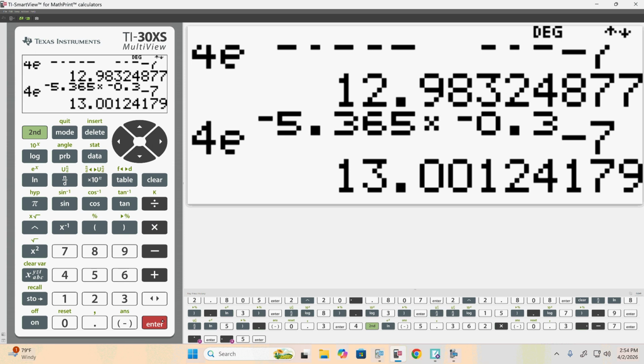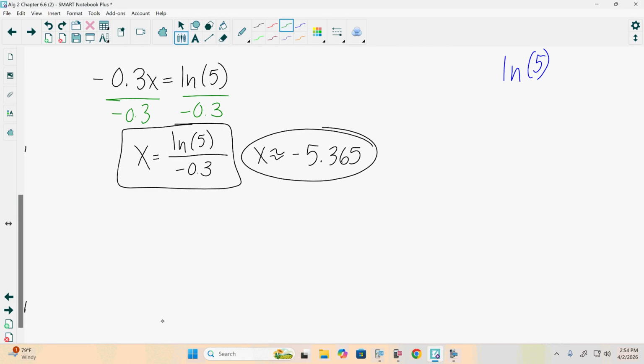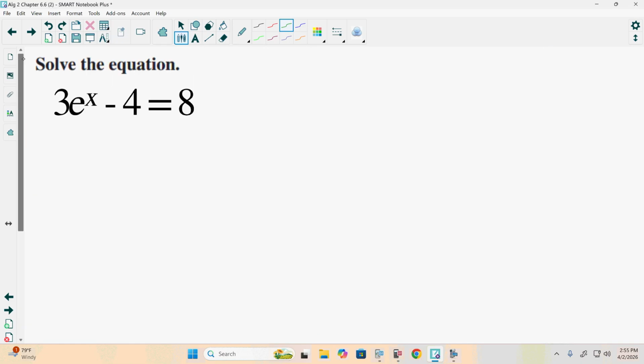So it's not going to give me the exact value because I rounded. For me to get the exact value for this, we're going to have to plug in what? This, the natural log of 5 over negative 0.3 in for x, for it to give us the exact value. And that's also why I wait to the end to round. Because if we round too early, we're going to have rounding errors that are going to compound on each other.